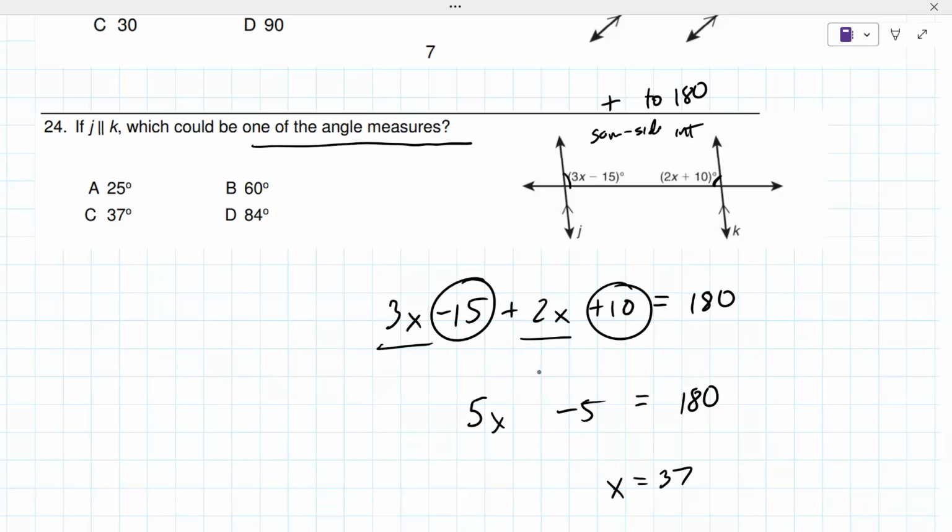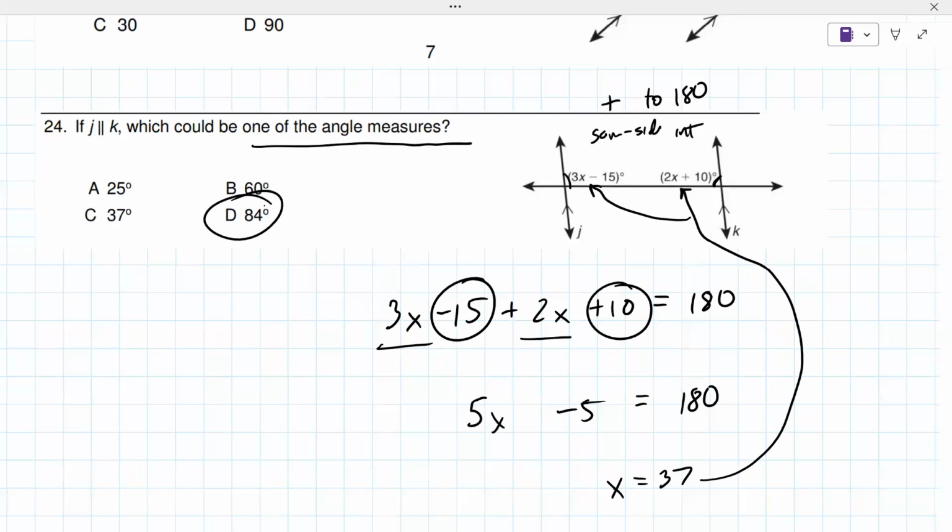So they want you to put 37 back into one or the other. Okay. I got D.